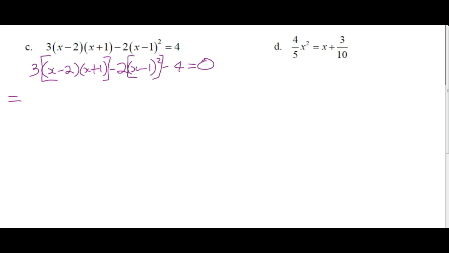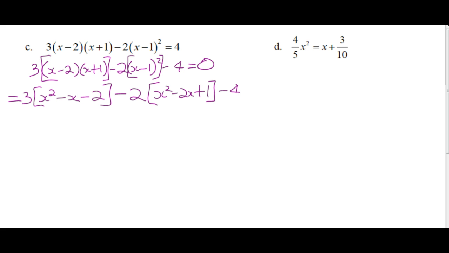So the way to expand this is to always multiply out the binomial first, keep the 3, multiply this out. What's it going to be? Keep the 2, minus 2, square this. Okay, so that is step 1.